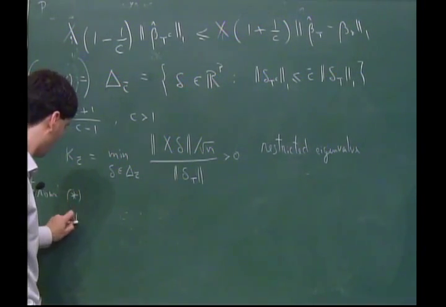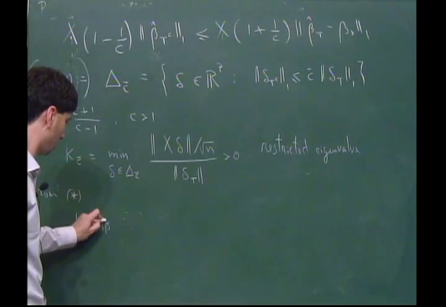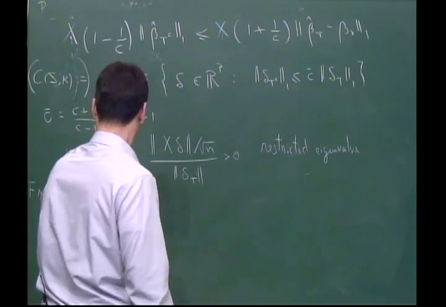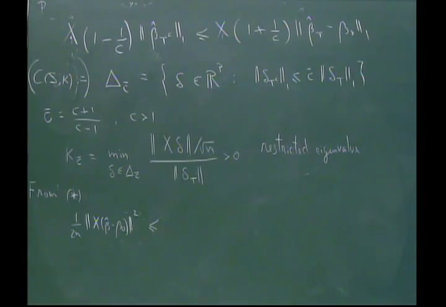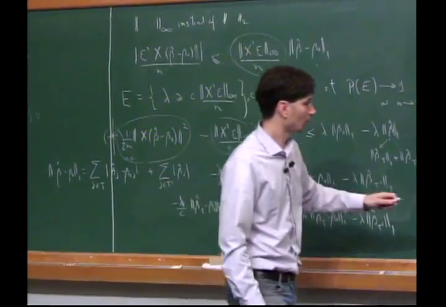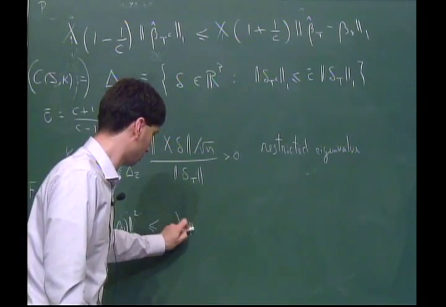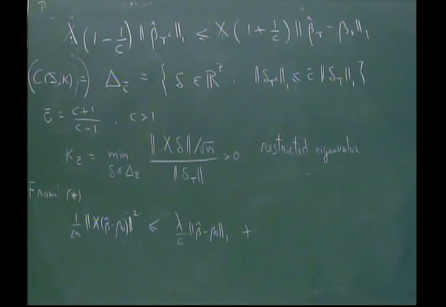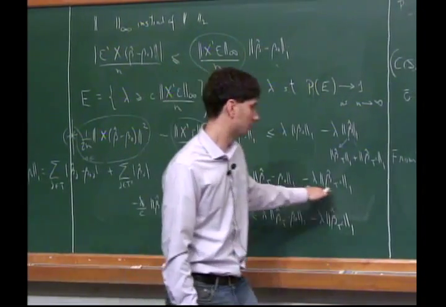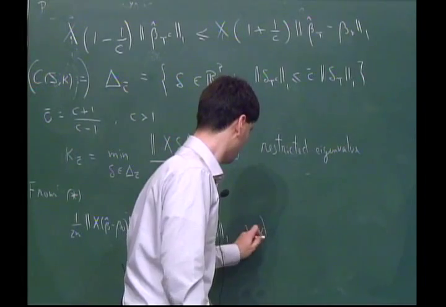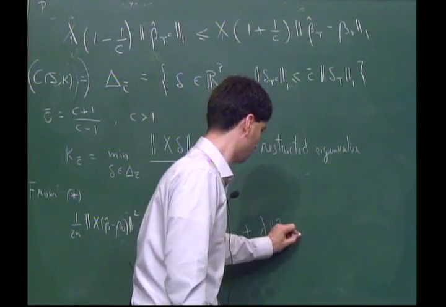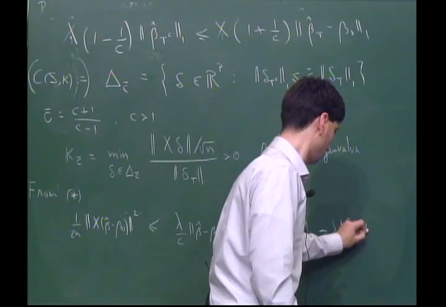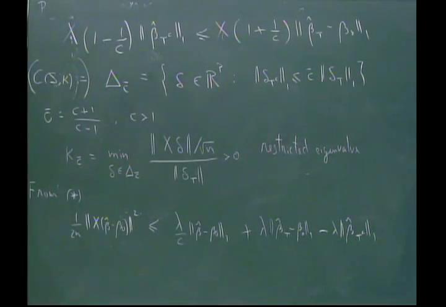From star, we have 1 over 2n times the norm of x(beta hat minus beta naught) squared is majorated by lambda over c times the L1 norm, plus the same condition, lambda times the L1 norm of (beta hat_T minus beta naught) minus lambda times the L1 norm of beta hat_T complement.